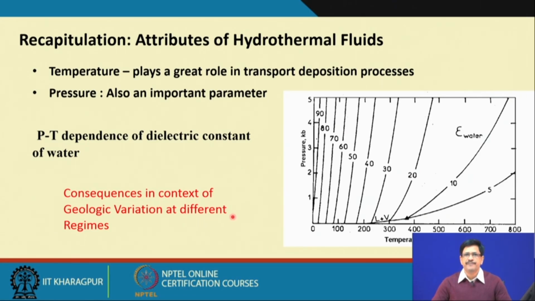So it is actually not just the absolute pressure, but the variation of pressure within the different domains where the hydrothermal fluid operates that would be more important for us to understand. We will just see some very simple cases like the one shown here.